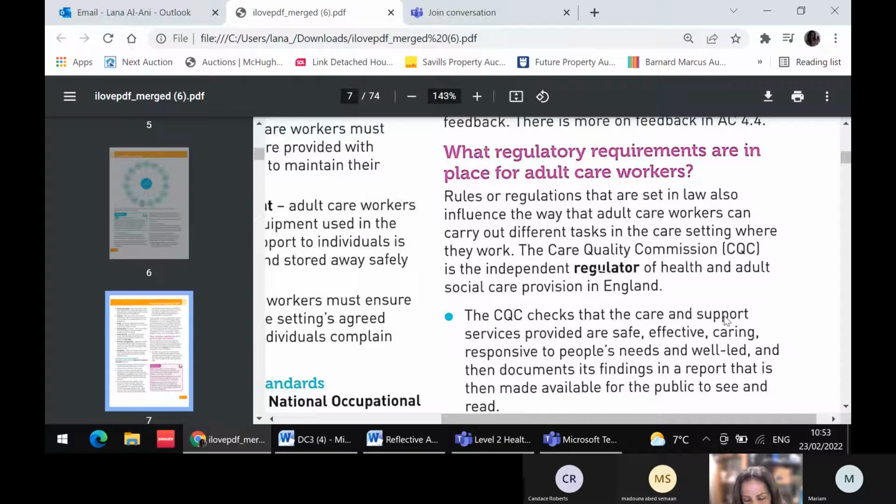We should all follow the Care Quality Commission, and this sets how we start providing the care, how we provide safe and effective support, how we become responsive to the people that we work with, and also how we care for their well-being.